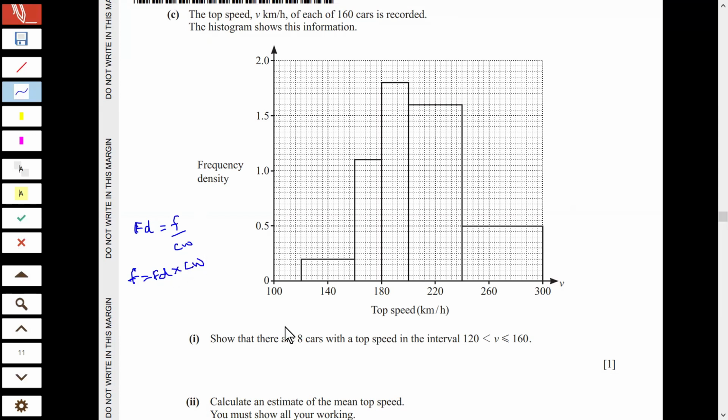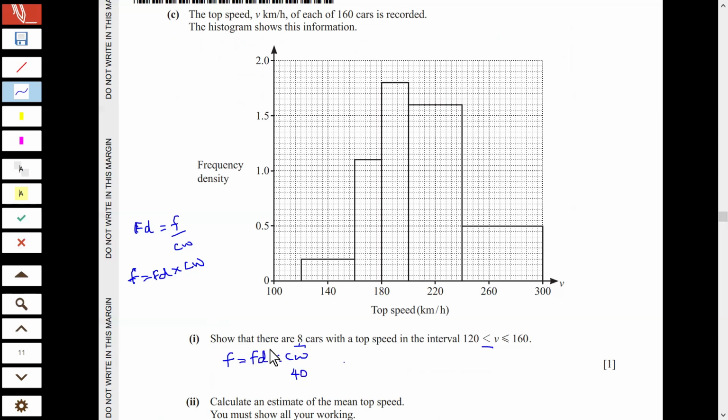The class width is 160 minus 120, which is 40.